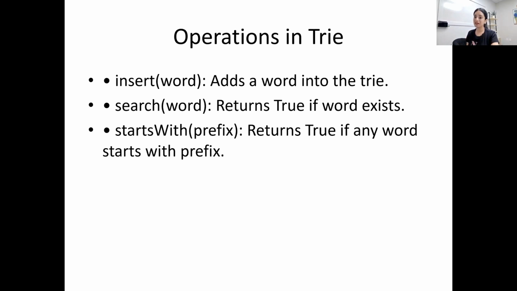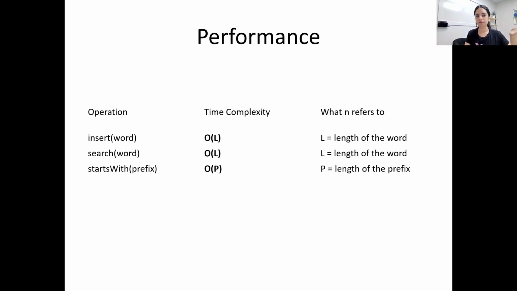We just want to see whether the prefix exists or not. So both these operations are essentially the same. The only difference is that the Boolean value is checked in the second case because we want to see whether the entire word exists in the trie. But in the third one, we do not care about it. The only thing that we check is whether the letters exist in the trie or not.